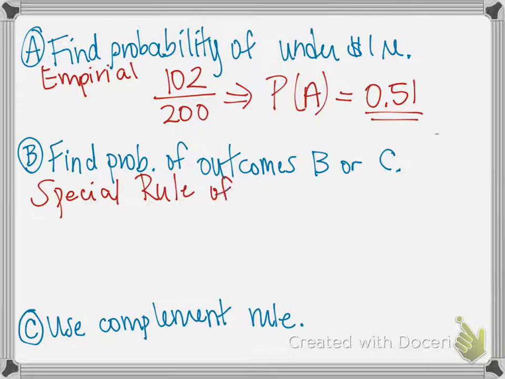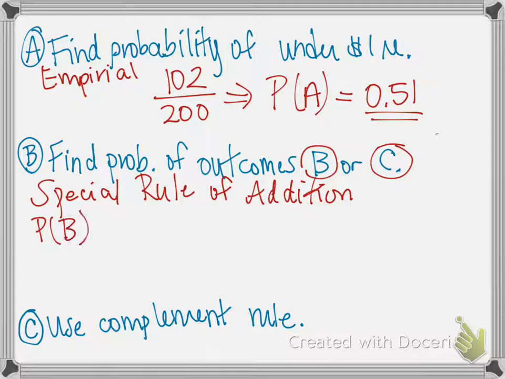And it's special because there's a general one that I'm going to go over next. So here we're going to use the special rule of addition, and I gave you the formula earlier. We just take the probability of B occurring, and we add that to the probability of C happening. So probability of B plus the probability of C.